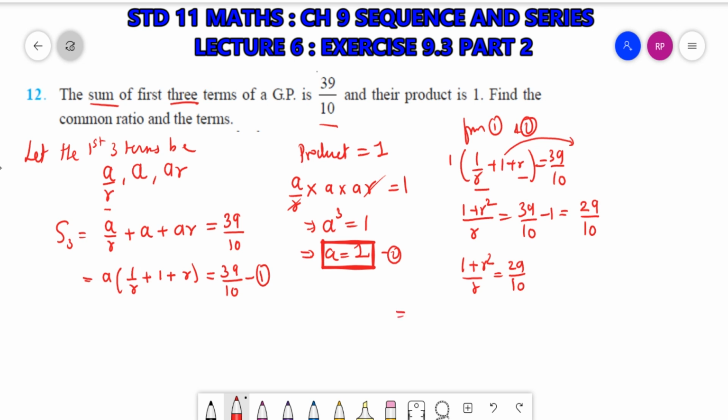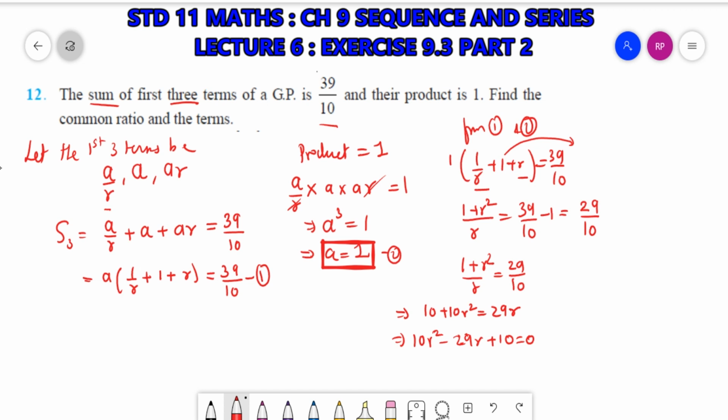Let's cross multiply. 10 plus 10R square equal to 29R. Taking on one side, 10R square minus 29R plus 10 is equal to 0.